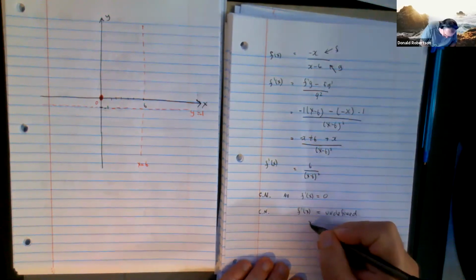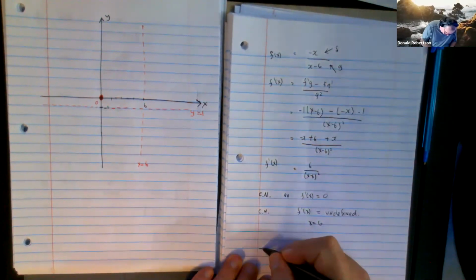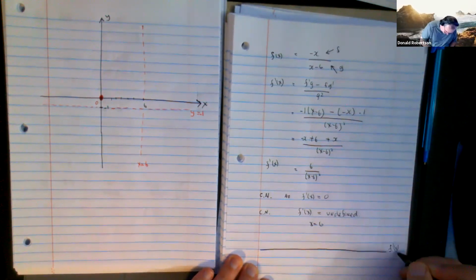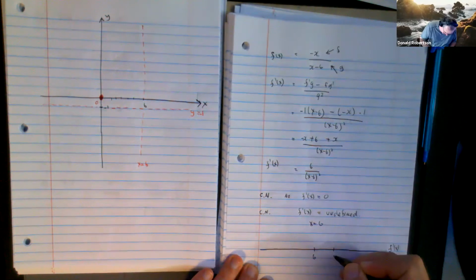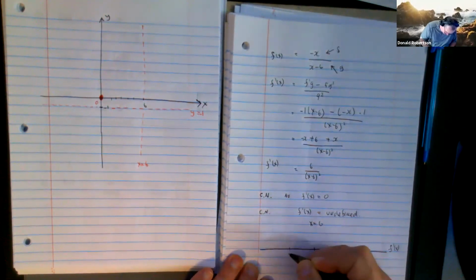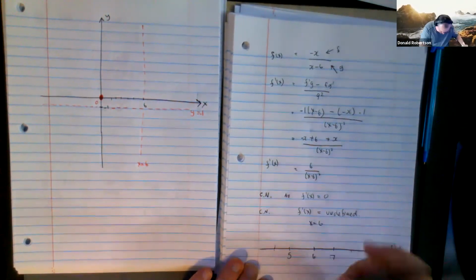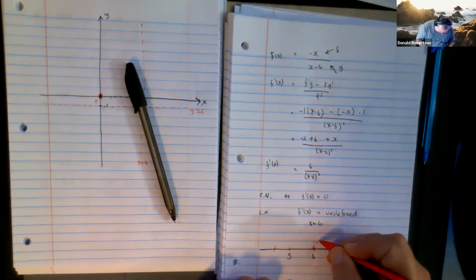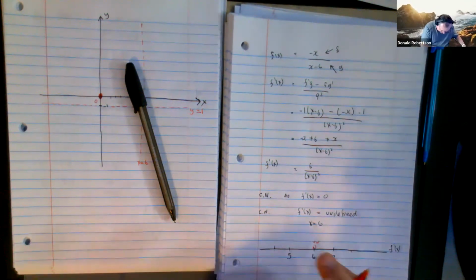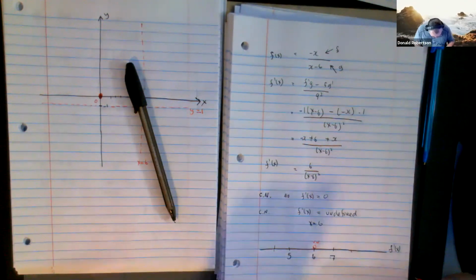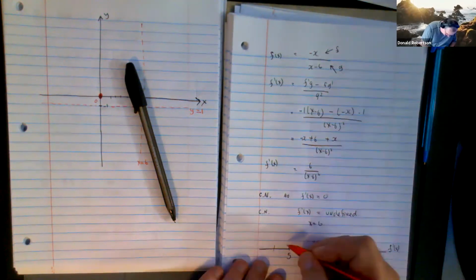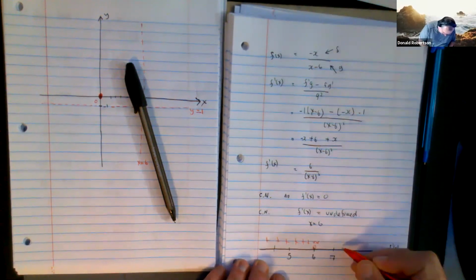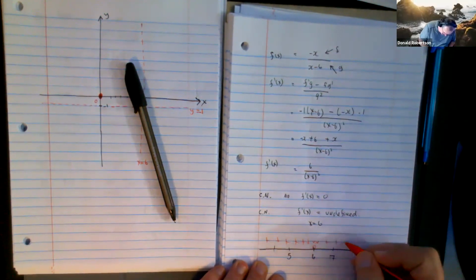So we have an x equals 6, and that's the guy I am going to be doing my number line of the first derivative. So there's 6, make that 7, make that 5, so on. And then here, the derivative is undefined. And then I choose test points. And if I pick a number on this side, like 5, the derivative ends up being positive. And if I choose a number like 7, it ends up being positive.